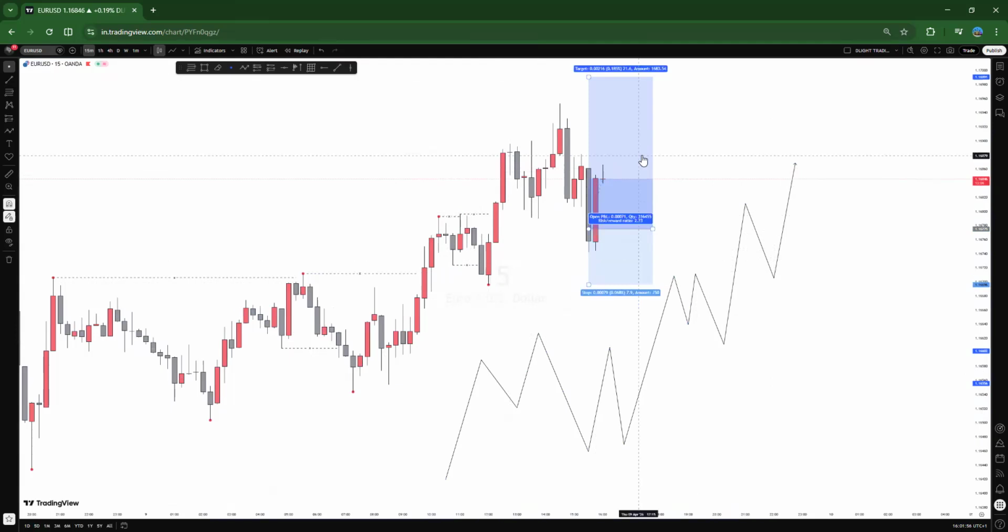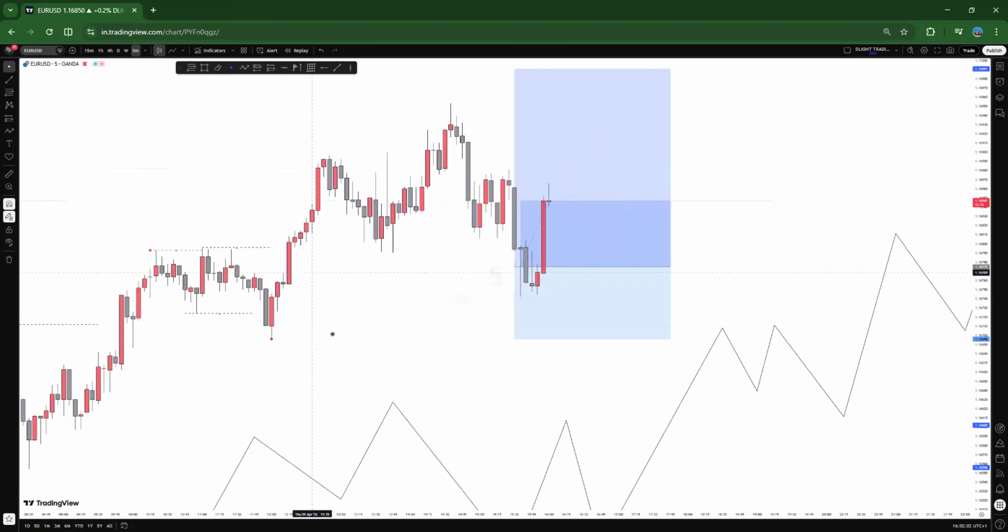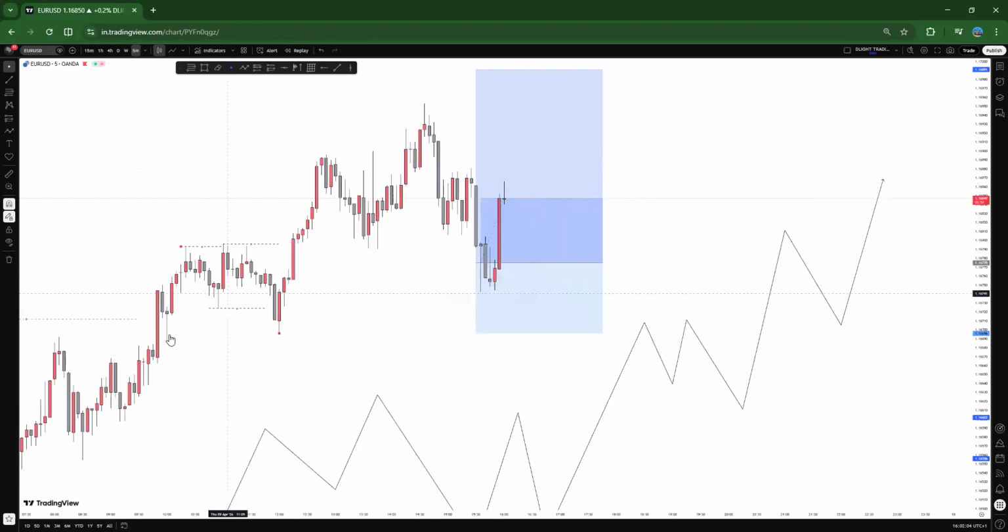Why is that? Because if I go down to the 5 minutes time frame, you can see price was making higher highs and higher lows, then broke the recent higher low, then broke with a higher high.